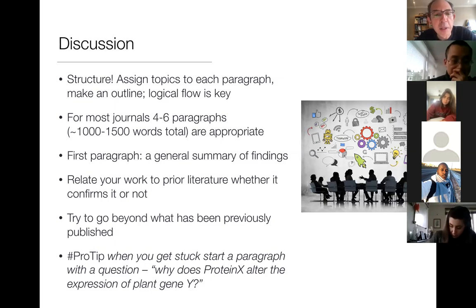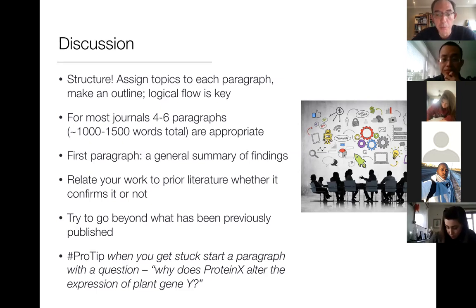The first paragraph is generally a summary of the findings, so that's pretty easy to write. You basically go back and recap your findings in a very general way, maybe through a slightly different angle than you did before. The discussion is also where you relate your work to prior literature. Sometimes it confirms prior literature, sometimes it doesn't, and this is where you discuss that.